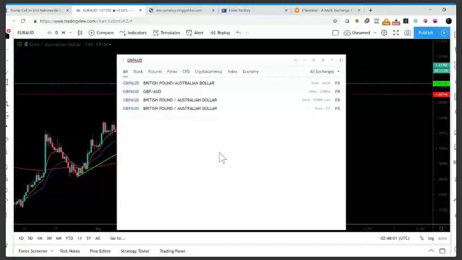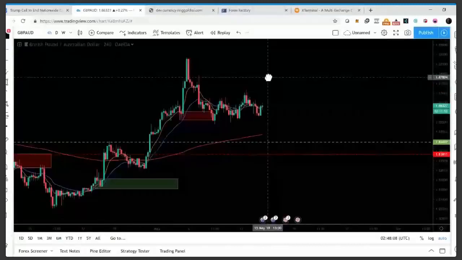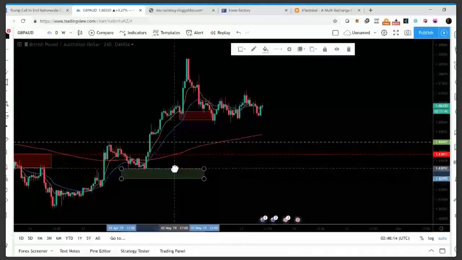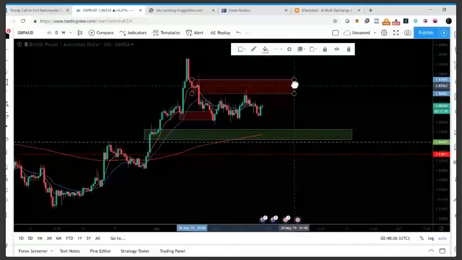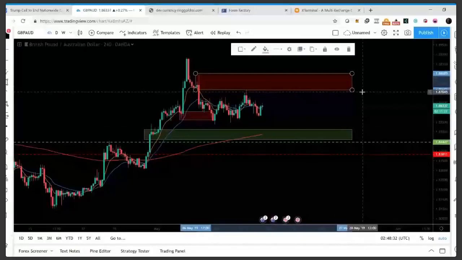All right. So we'll pound Aussie. Let's get both scenarios. So let's say that this happens to be my entry down here, and this is my short down here. Current price is right here at 186.33.